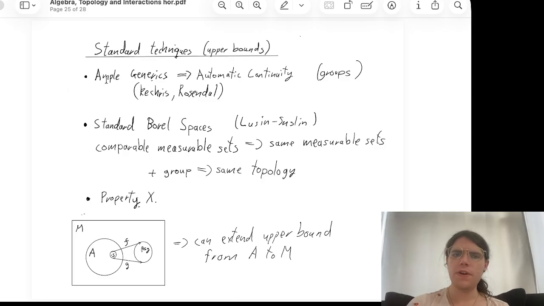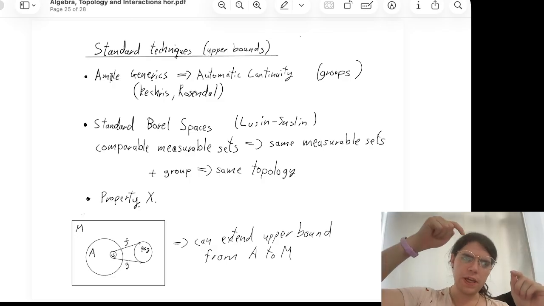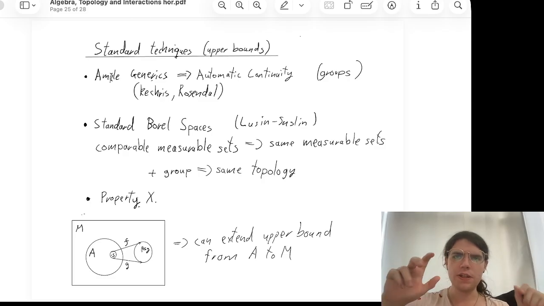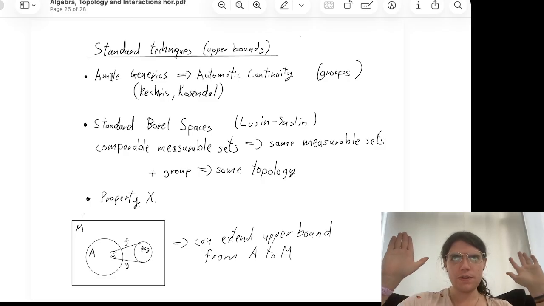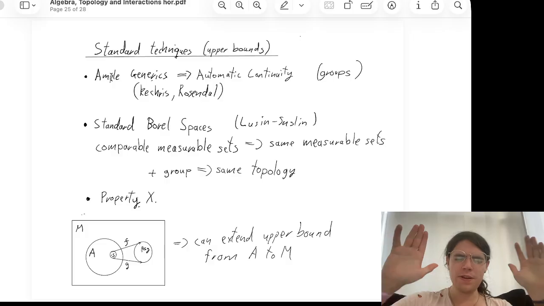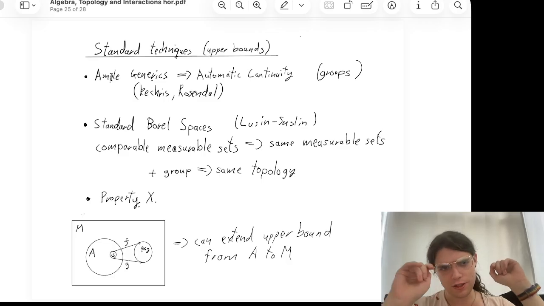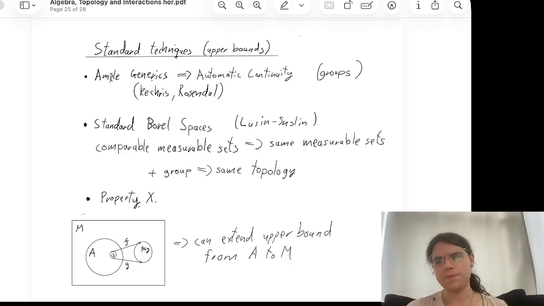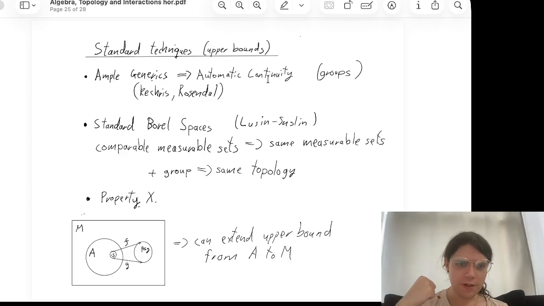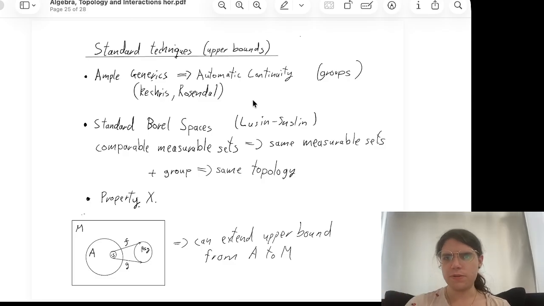So basically, if I have a group with ample generics, meaning that for every n, there is a comeagre orbit of n-tuples in the action of the group on itself by conjugation, then it has automatic continuity, which means that every homomorphism from the group to a separable group is continuous.